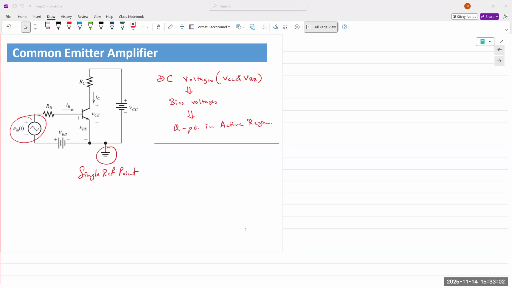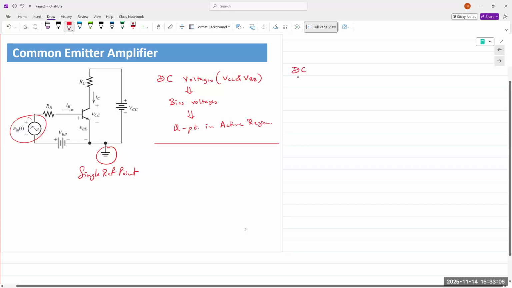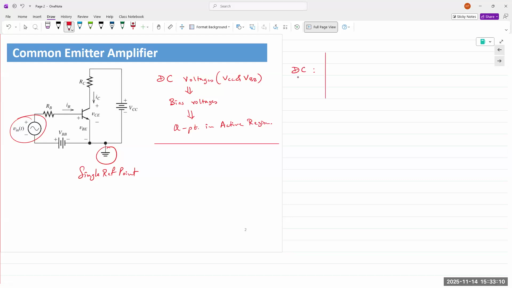What an amplifier does is it takes the DC energy. It doesn't matter what kind of DC we are applying.